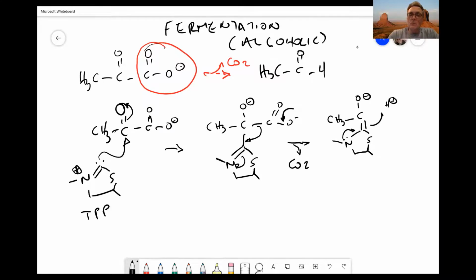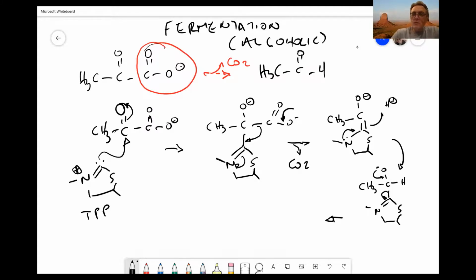The next intermediate is going to look like this. And now finally, it will give rise to acetaldehyde.